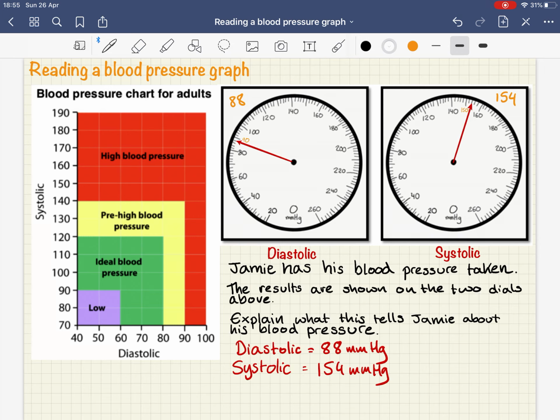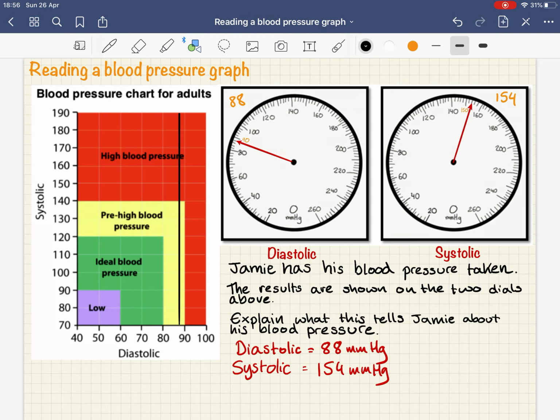So I'm going to be somewhere in between here. It doesn't have to be perfect, but I'm just going to draw a straight line up roughly. Actually, let's go black because white was a bit hard to see there. So that's roughly 88. That's my diastolic line.